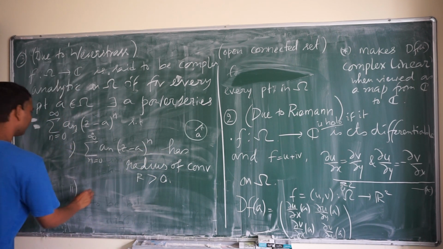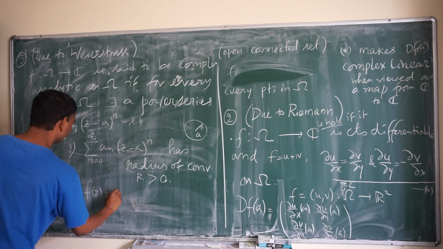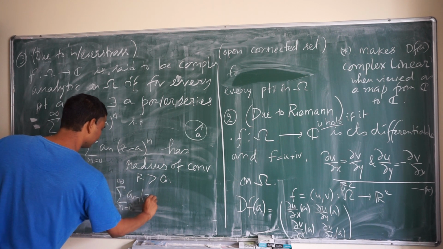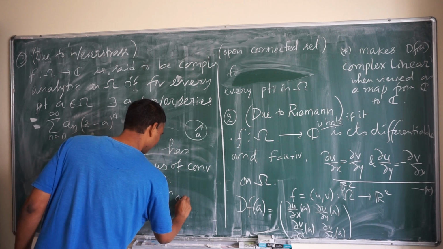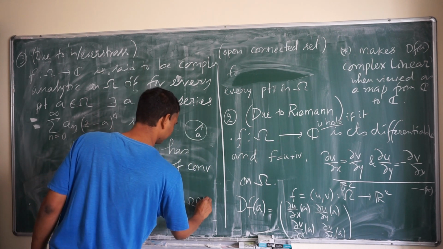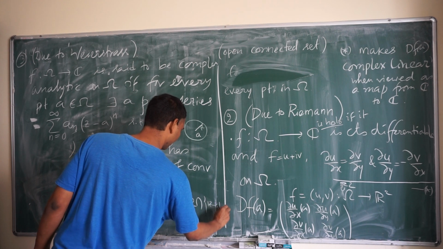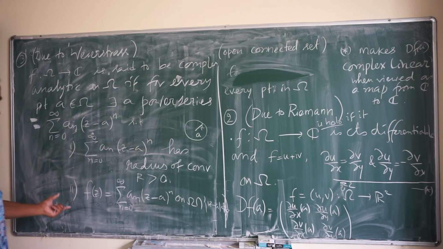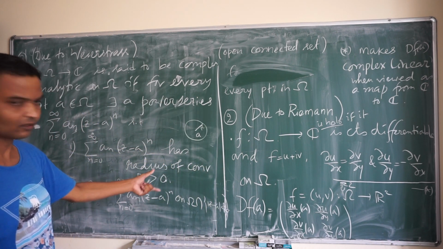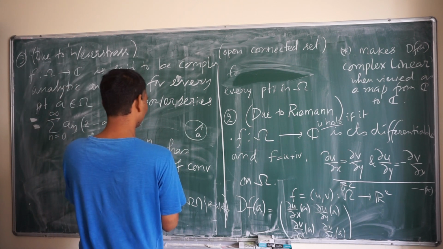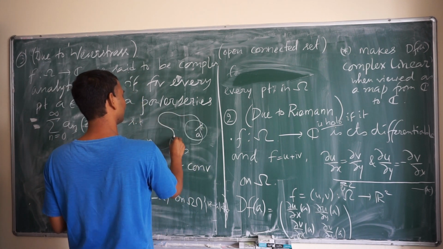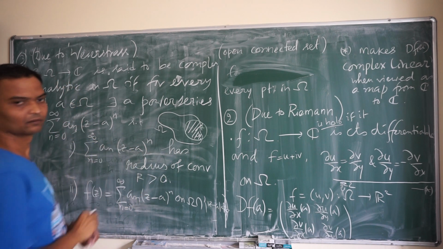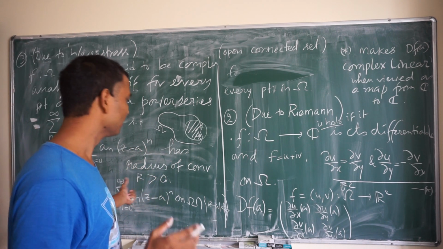And second is that f has to match this power series on omega intersection the disk mod z minus a less than R. So if this is the disk and the intersection with omega is like that, on this the two should match.